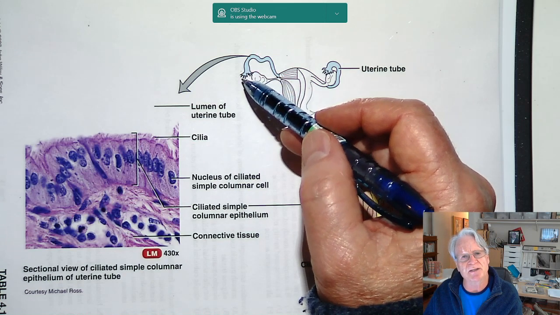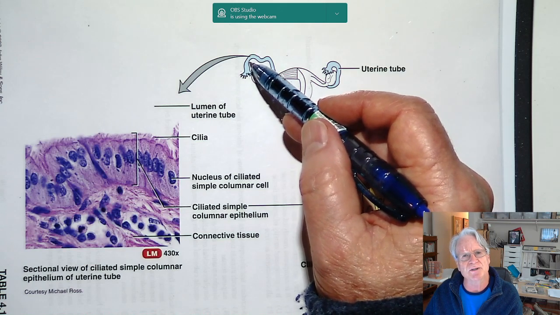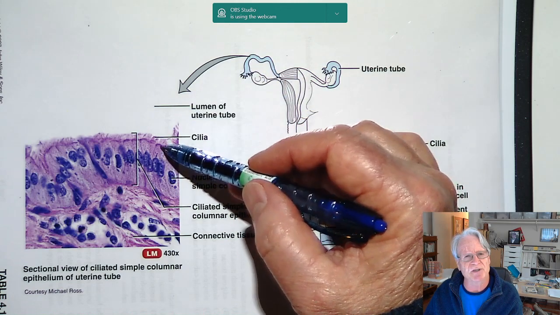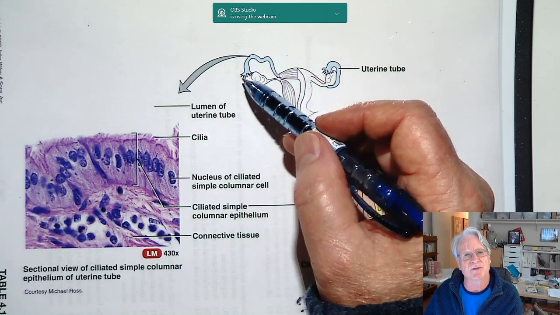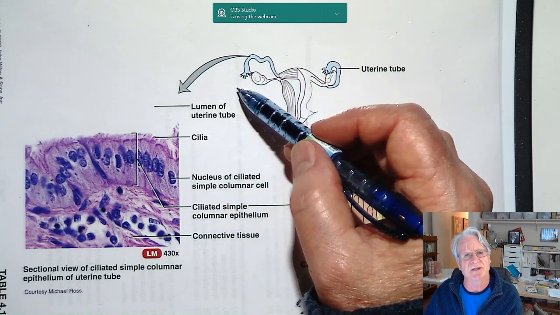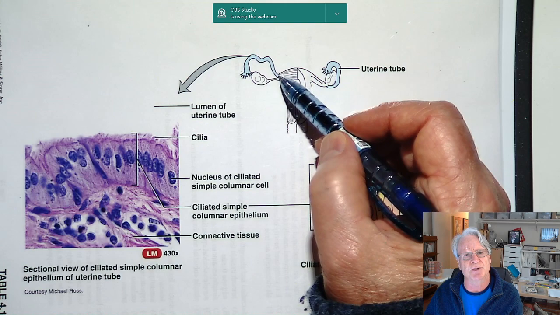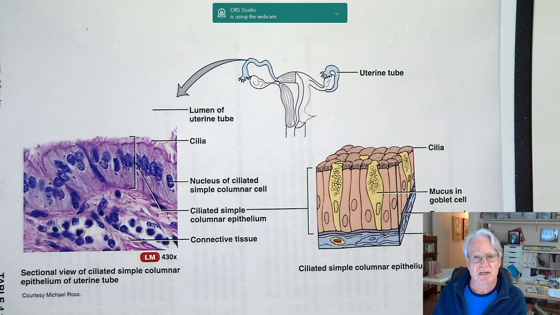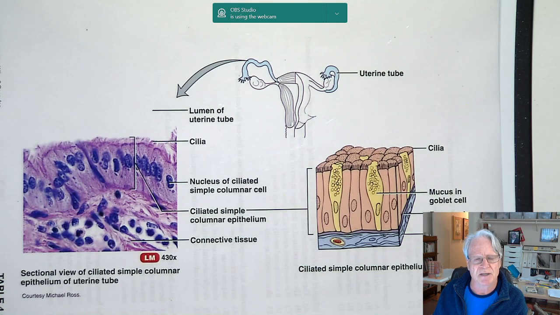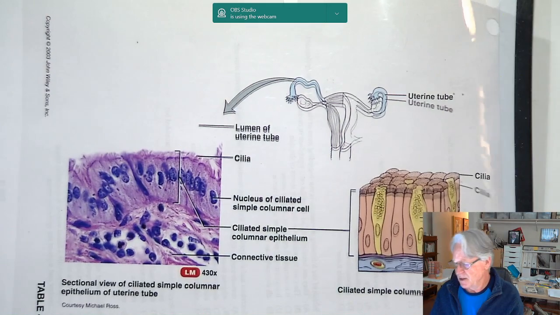A current is being created by the little finger-like extensions of the uterine tube here at the opening, but lining the uterine tube all along the line is this type of tissue right here, the ciliated simple columnar epithelial tissue. And those cilia are creating literally a current of fluid that draws the egg down and through this tube and into the uterus for implantation. So that's a perfect example of what we mean when we talk about ciliated tissue being involved in the movement of substances.